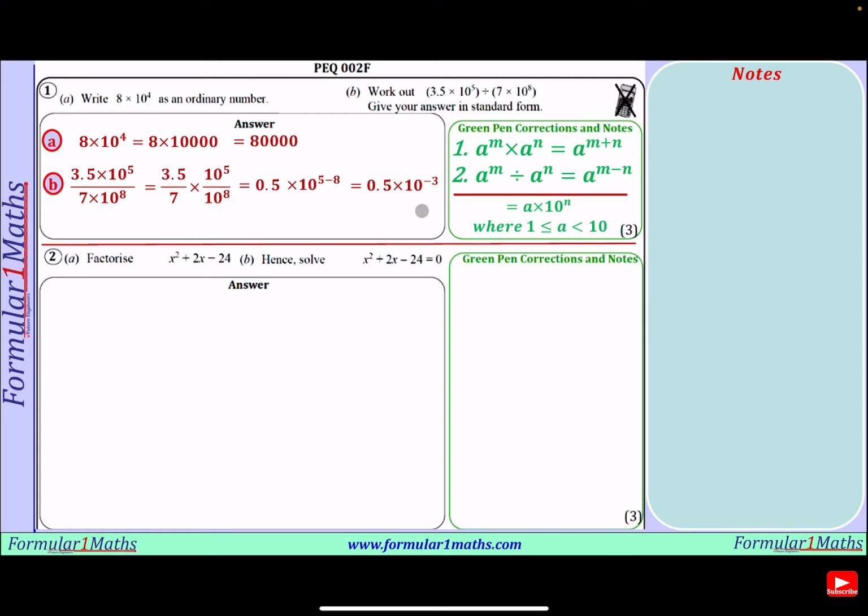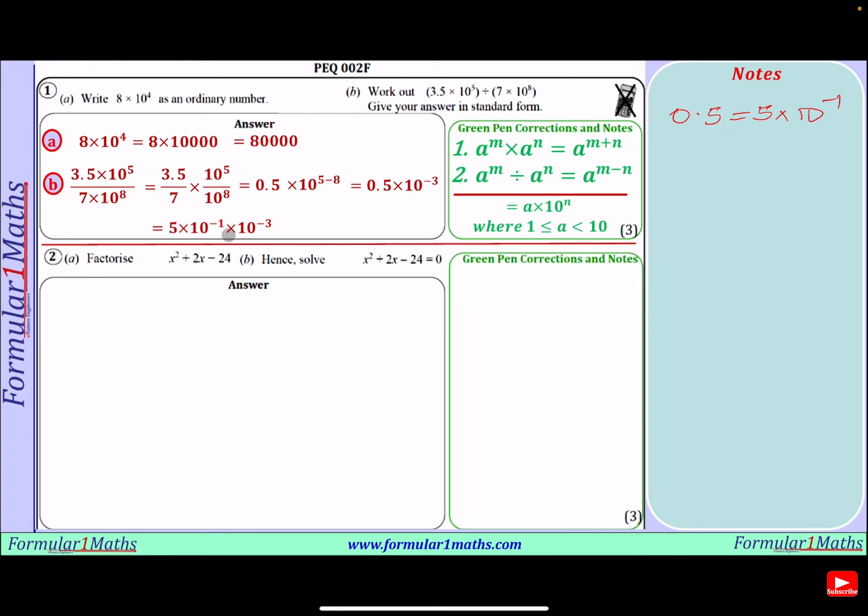But as you can see, 0.5 is not between 1 and 10. So we go and rewrite 0.5 itself in standard form. So 0.5 is the same as 5 times 10 to the power minus 1. So we can go and replace 0.5 with this in this answer here. So let's do that. And so that is 0.5 times the 10 to the power minus 3 here.